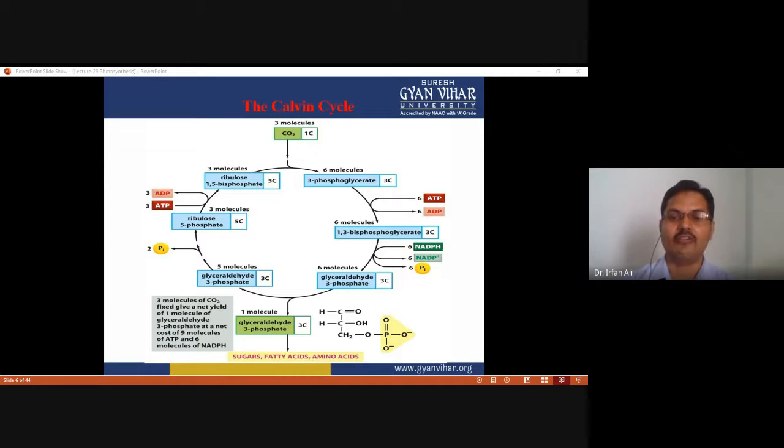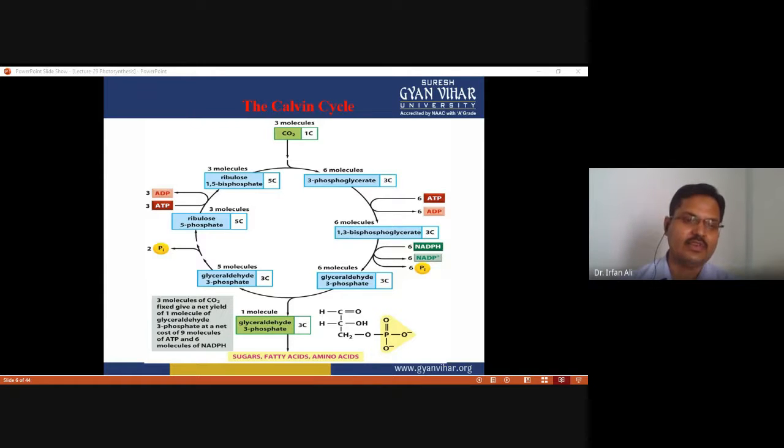Now what happens at the next step? You have to see that now there are 5 molecules of three carbon glyceraldehyde 3-phosphate. So how many carbon? 5 into 3 is 15. So 15 carbon continue to the Calvin cycle.